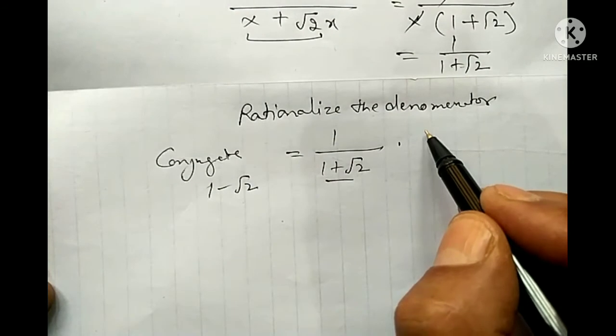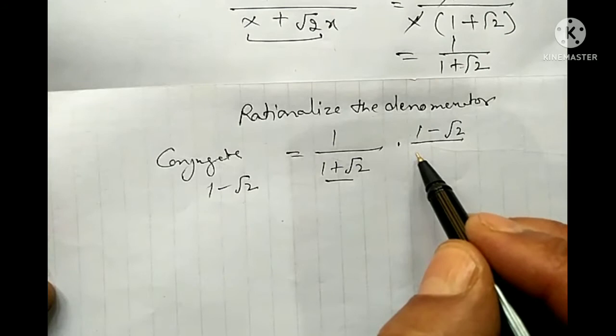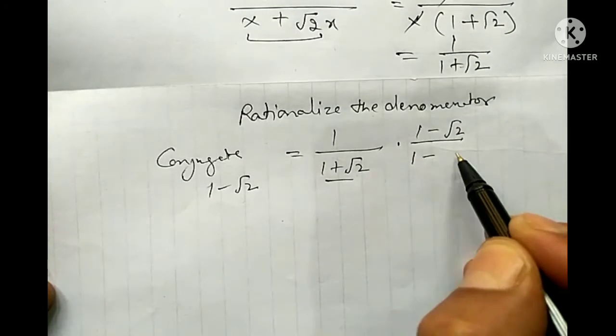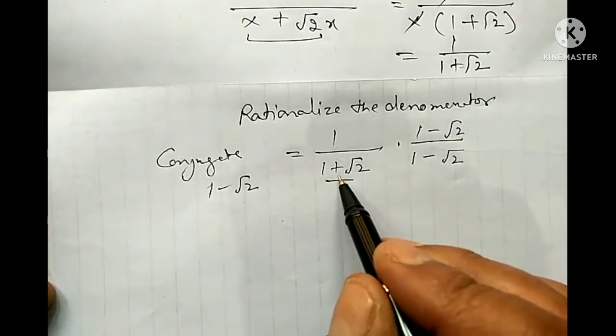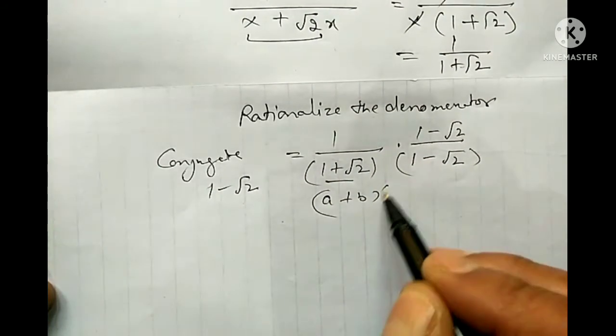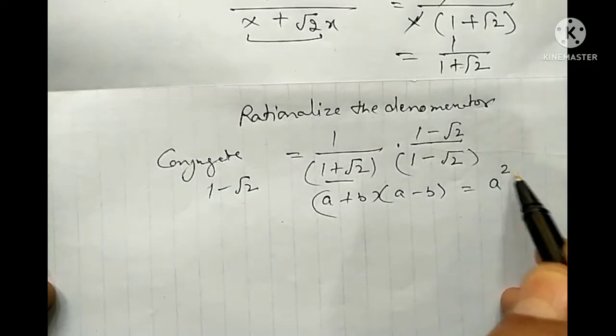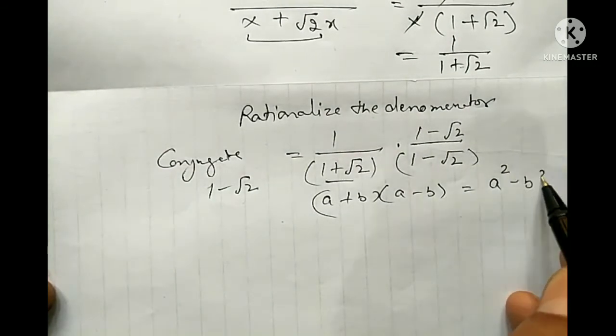So we have to multiply here 1 minus square root 2, also divided by 1 minus square root of 2. So here you can see a plus b into a minus b, and we apply the identity, and this becomes a square minus b square.